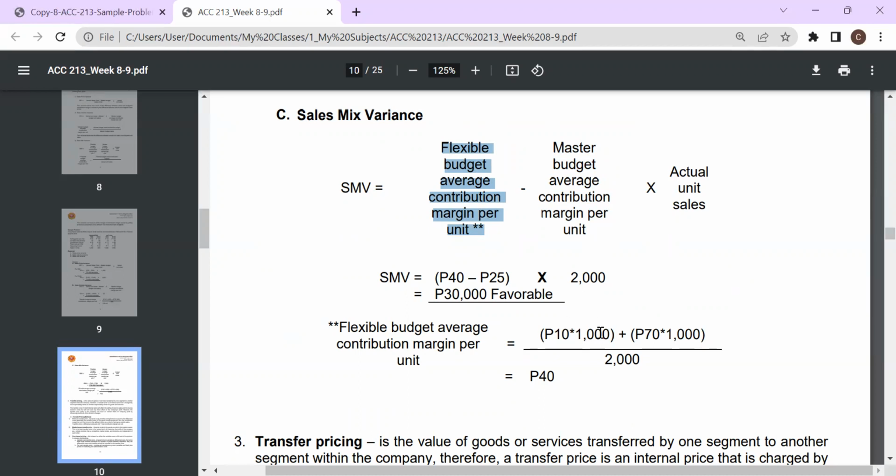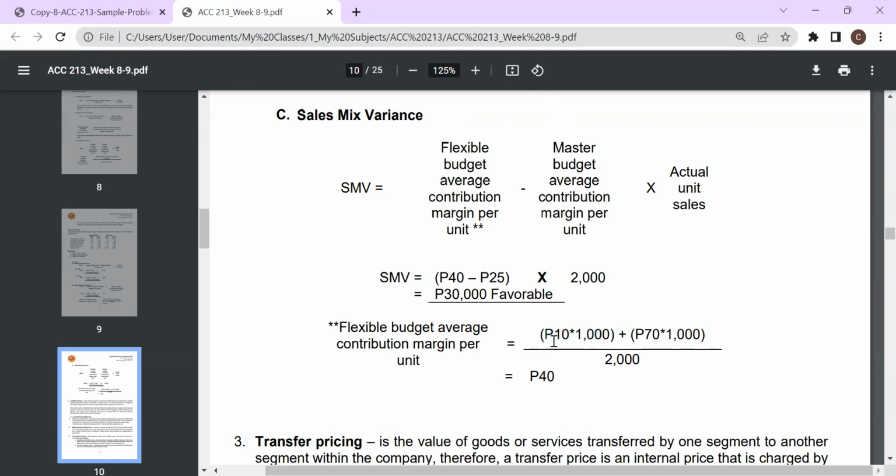So pag flexible budget, magbabase ka sa budgeted na contribution margin pero based on actual na unit sold, no? So that's flexible budget. Nakabase ka sa actual na unit sold. Bale, budgeted yung price or yung contribution margin per unit, pero i-multiply mo siya sa actual na unit sold.